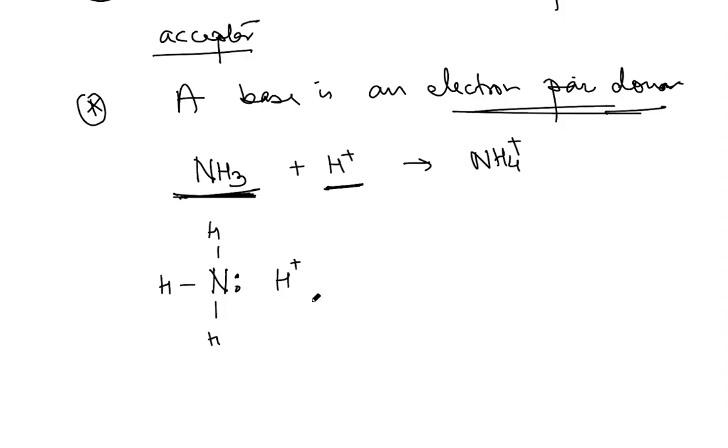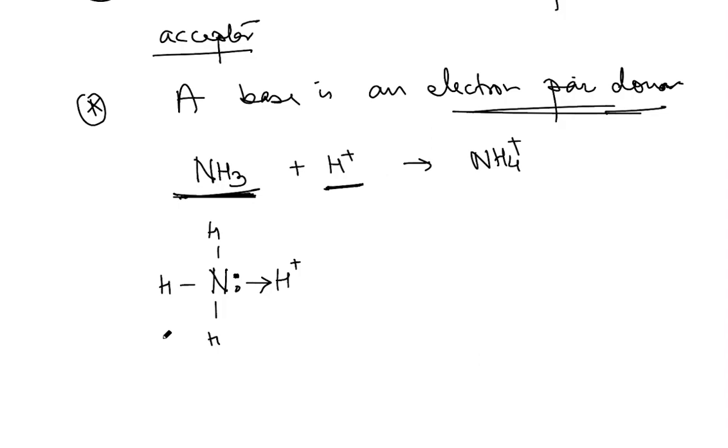So two electrons are shared from the nitrogen side, and as a result a coordinate covalent bond is formed. So when there is a reaction between a Lewis acid and base, a coordinate covalent bond is formed.